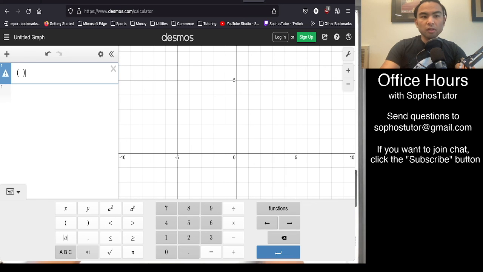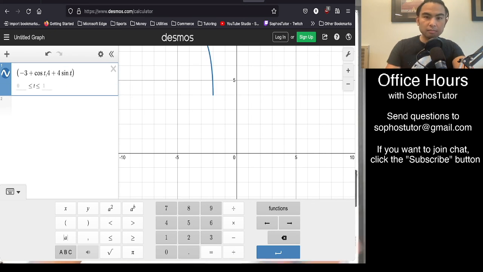So we're going to follow the ordered pair conventions of the x-coordinate and the y-coordinate, but instead of putting in typical numbers that we'd normally put as the x and the y, we're going to put in those parametric expressions into those slots. So the x value we said was -3 plus the cosine of t. And for the y value, we said it was 4 plus 4 sine of t.